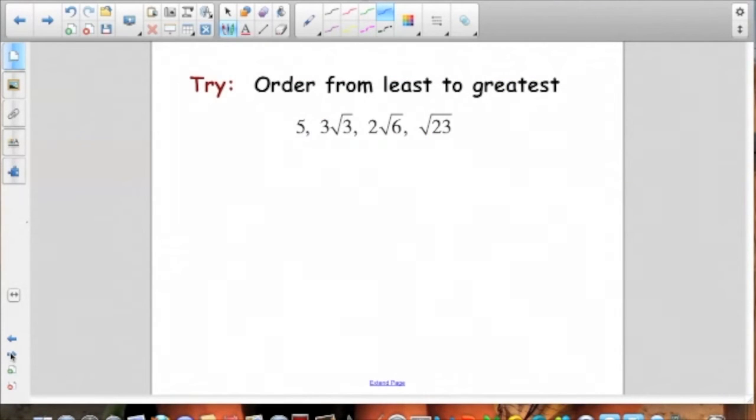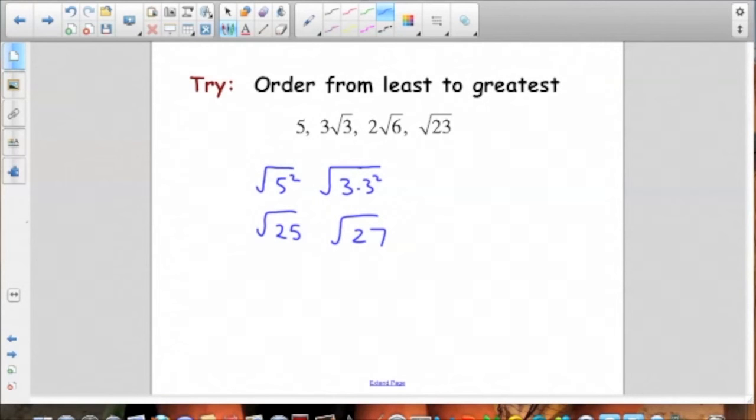All right, let's organize these ones. So we know 5 becomes 5 squared, which becomes 25. The next one becomes 3 times 3 squared, which we know is 27.